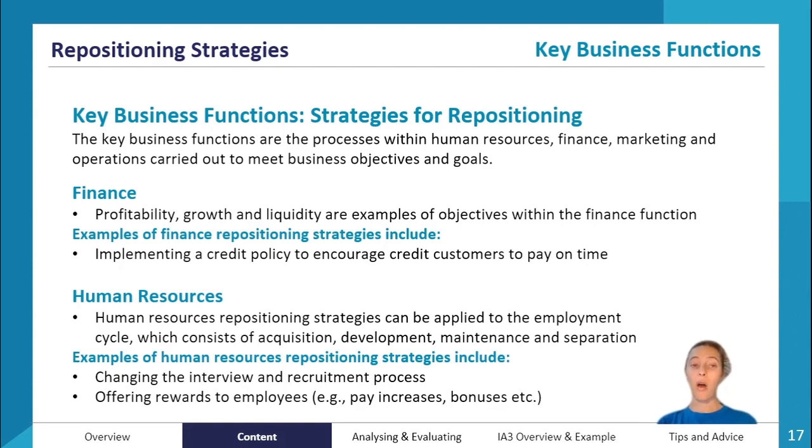Now, an example of a finance repositioning strategy may be implementing a credit policy to encourage credit customers to pay on time. This is something that comes up a lot in accounting if you do accounting at school as well.